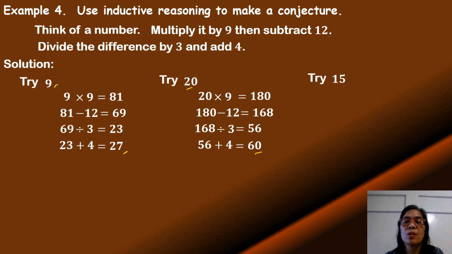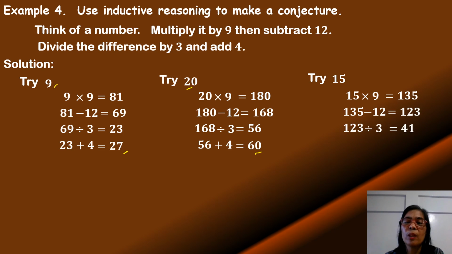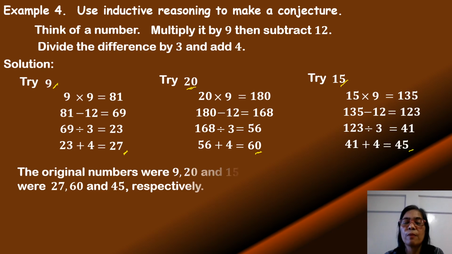Let us try another example, say 15. 15 times 9 is equal to 135. 135 minus 12 is 123. We divide 123 by 3, that will give us 41. And 41 plus 4 is 45. So here 9 resulted to 27, 20 resulted to 60, and 15 resulted to 45.